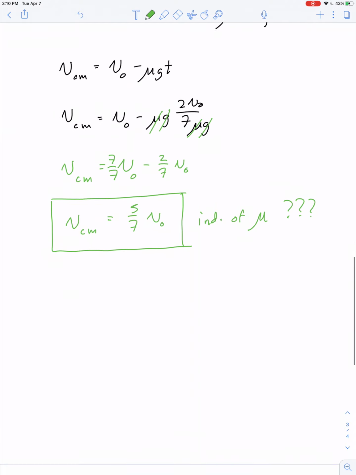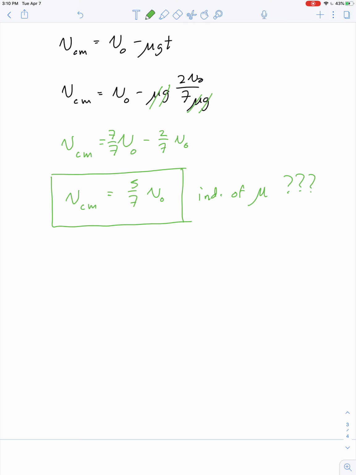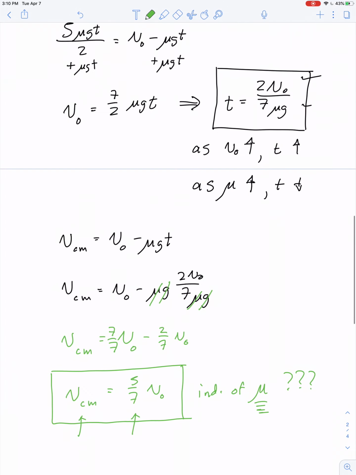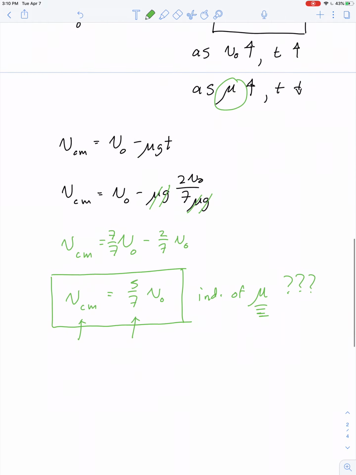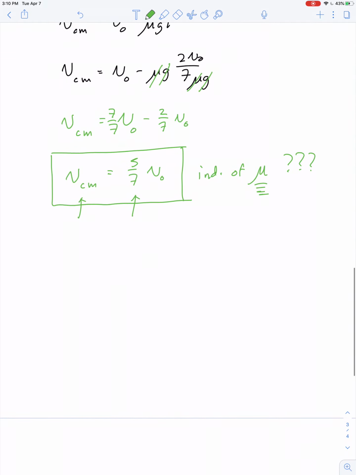No matter whether you're a professional bowler or a weekend warrior, whatever the coefficient of kinetic friction happens to be, once the bowling ball reaches a state of pure rolling motion, the speed of the center of mass will always be 5/7 the speed at which it came out of your hand. Okay? Now, the time it takes to do that will vary with mu. But no matter what, the final outcome in terms of the speed is always the same.